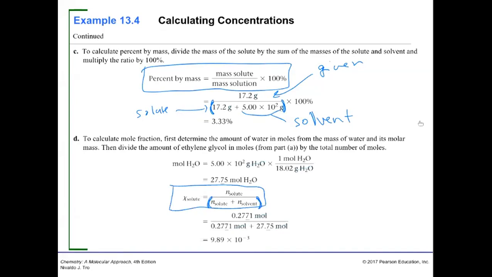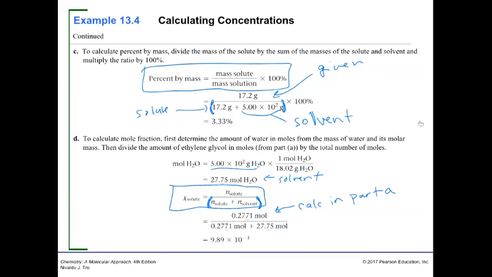We had calculated our moles of solute in the beginning in part A. And then we have to convert our mass of water, sorry, this is what was given, to moles so that we have the moles of the solvent, because water is our solvent. And for mole fraction, there are no units, because your mole units all cancel out when you divide.